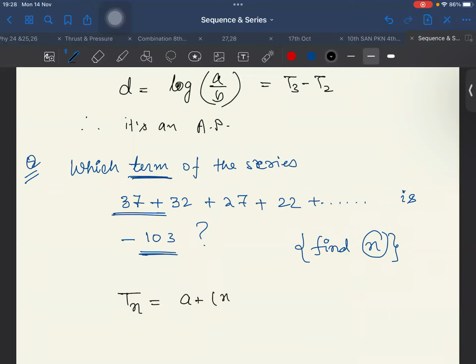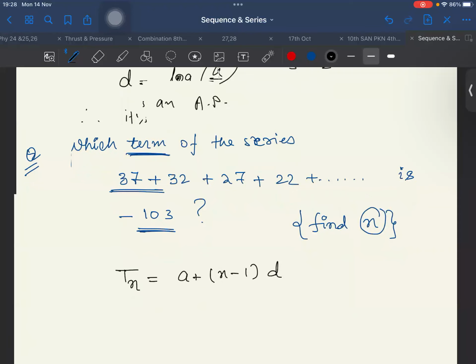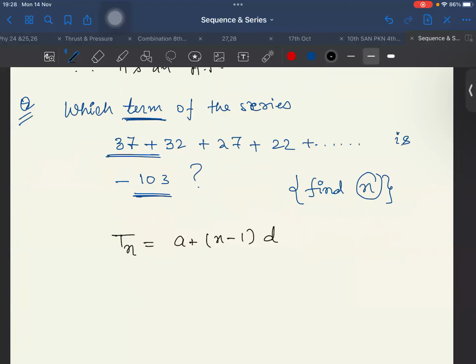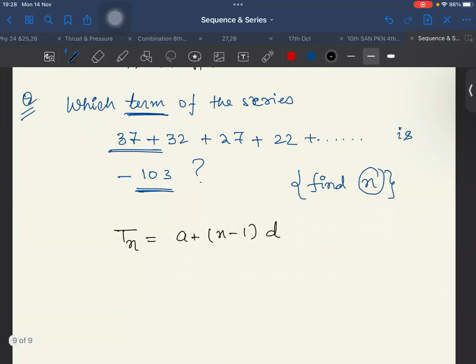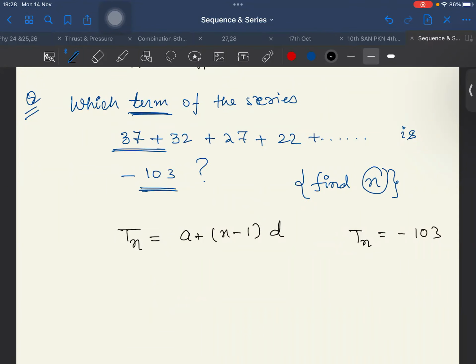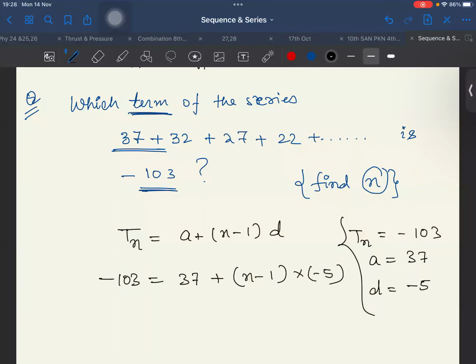Tn is already given here. Tn is minus 103. The value of A is given, how much? 37. And the common difference is how much? Minus 5. So you just substitute these values. Minus 103 is equal to 37 plus n minus 1, into minus 5. Right?